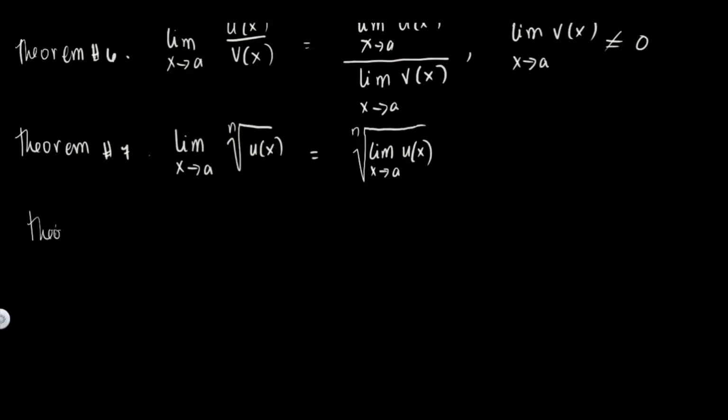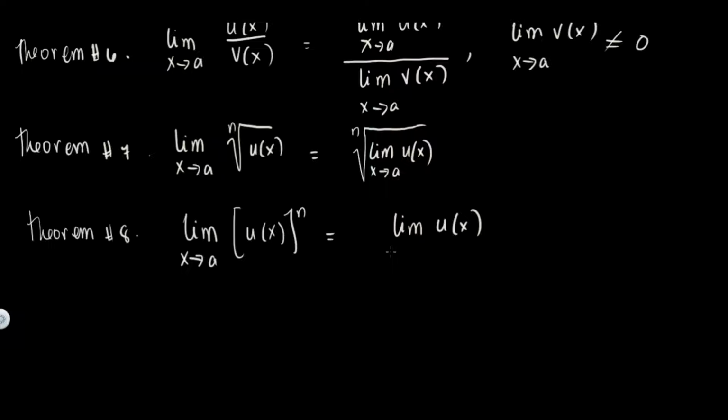Okay, and then theorem number 8. So we have here the limit of the function u of x raised to n, as x approaches a, is equal to the limit of u of x as x approaches a raised to n.